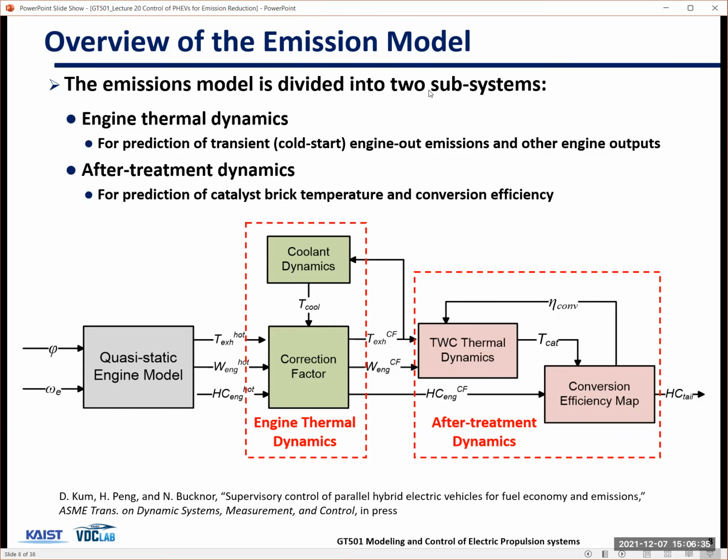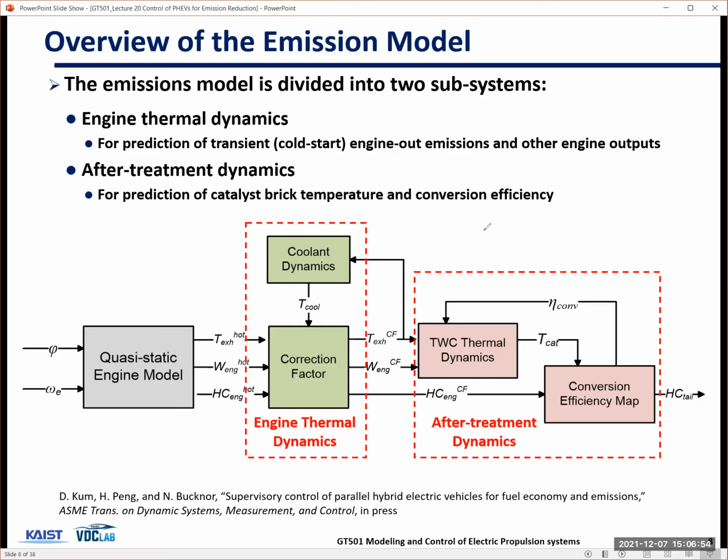So this is the new model, in addition to the powertrain model you guys have been playing with.